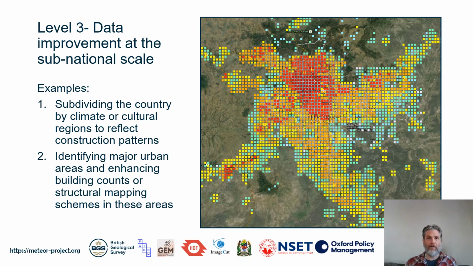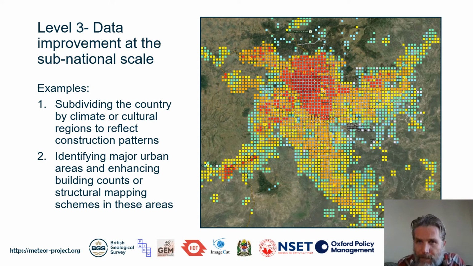Now, level 3 is when you basically have that same type of national data that you use as a base, but you've gone in and made significant changes based on looking at those key variables and how they might vary throughout a specific region. So here's an example.